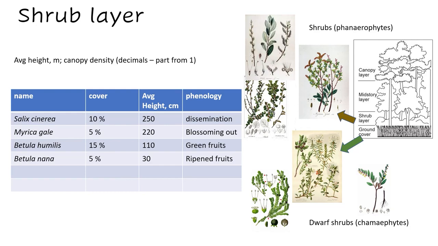The shrub layer is described as a whole, as a layer by height in meters and canopy density in decimals, like 0.2, 0.1, the same as trees. But then you make a list of all species which you have in the plot, and to each species you give percentages, as you give for the ground layer.